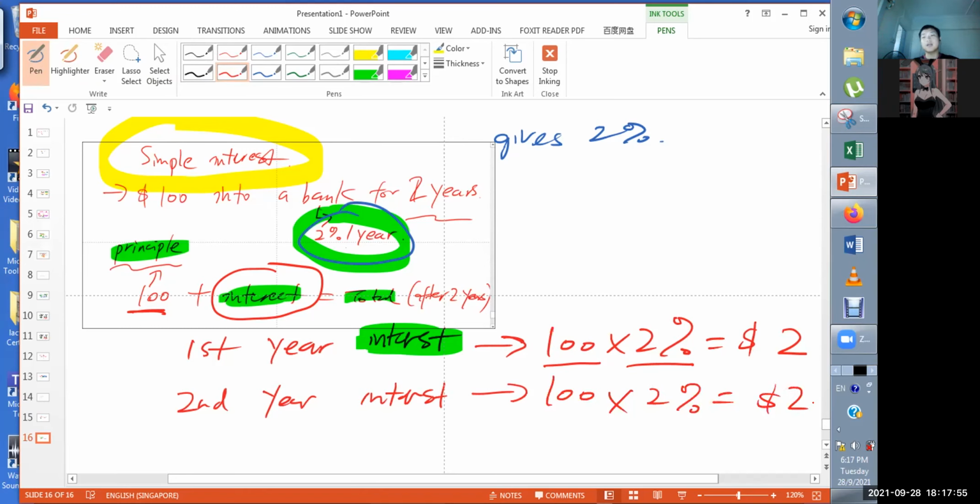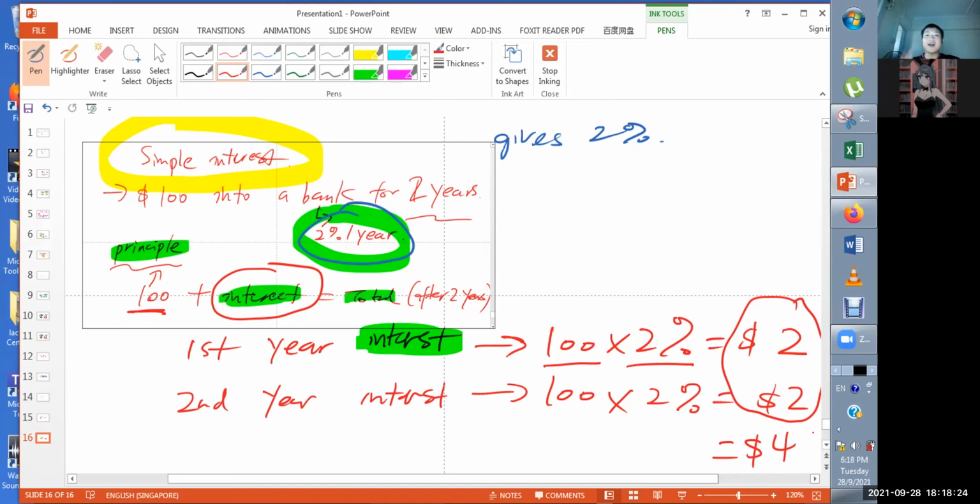After 2 years, the sum of interest is actually $4, right? But first year you already have an extra $2, so doesn't that mean the second year the 100 is 102?